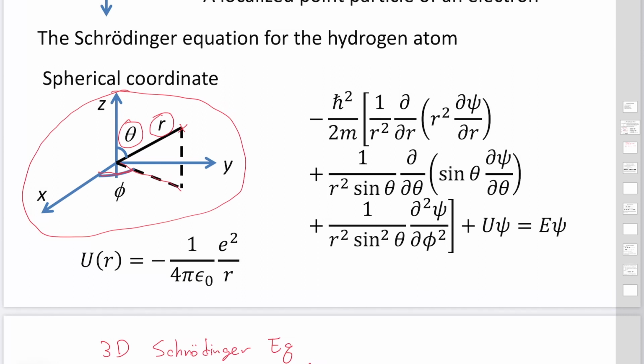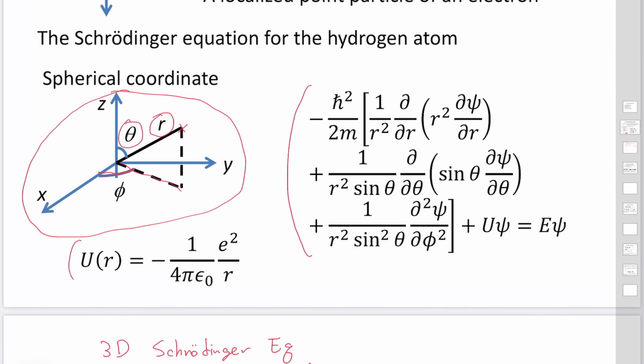So instead of x, y, z, we can express the Schrodinger equation in spherical coordinates. Then it becomes this equation. If you take advanced calculus, you have a chance to learn these expressions in spherical coordinates.